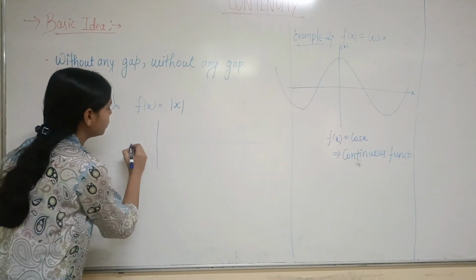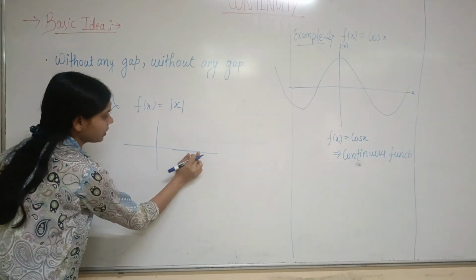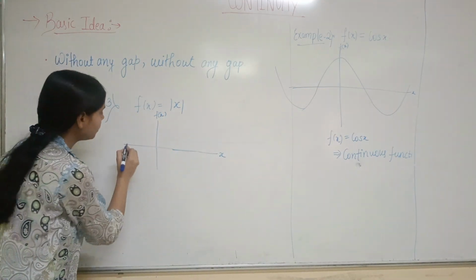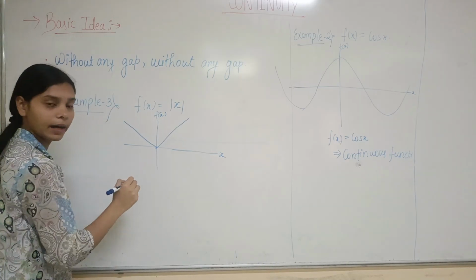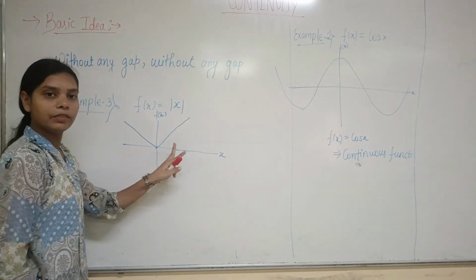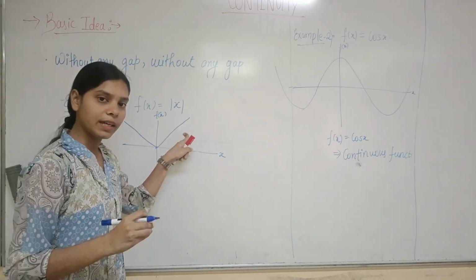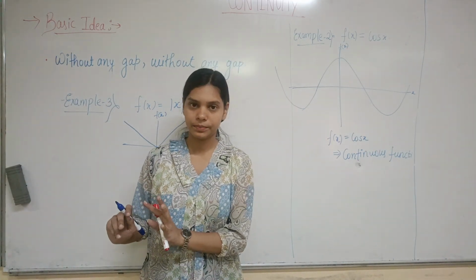Now draw the graph of mod x. How to draw? Recall chapter number 1, functions, x and f(x). The graph of mod x will look like this, right? Now you can observe the given graph also has no gap or interruption here. So we can say that the modulus function is also a continuous function, isn't it?